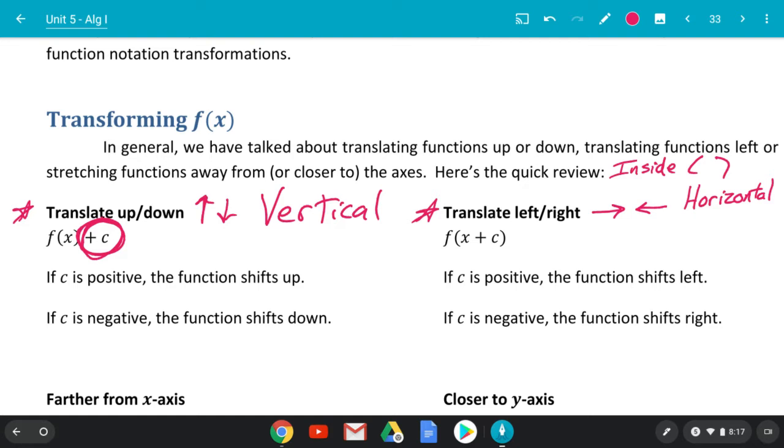When it's inside the parentheses, it's usually opposite what you expect. And I'll explain here in a minute. It's usually opposite of what you expect.